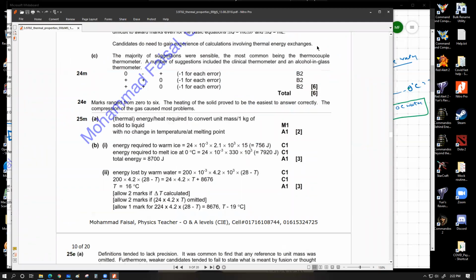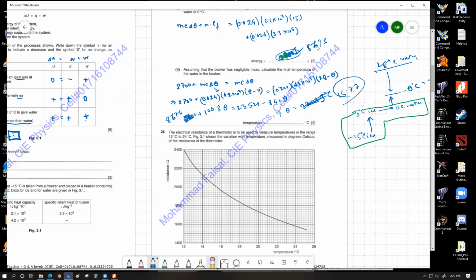Oh, 16 degrees Celsius. Yeah, got it. So this is supposed to be the final answer. You can write in 2SF or 3SF, however you feel like. 2SF would be 16 degrees Celsius. You just write 16, or you can write 15.8. That is also equally acceptable.